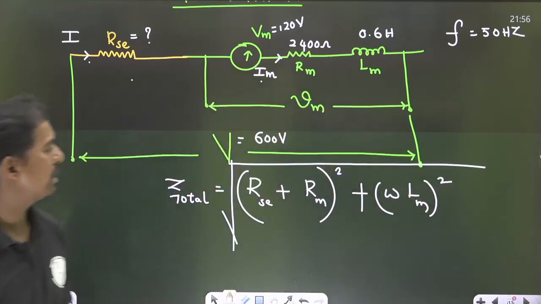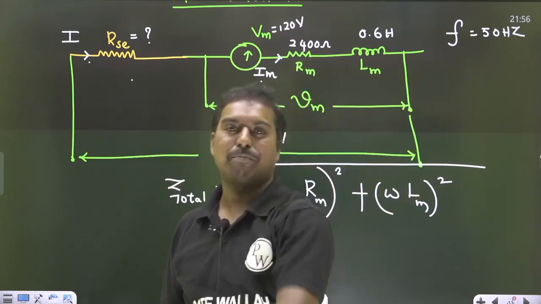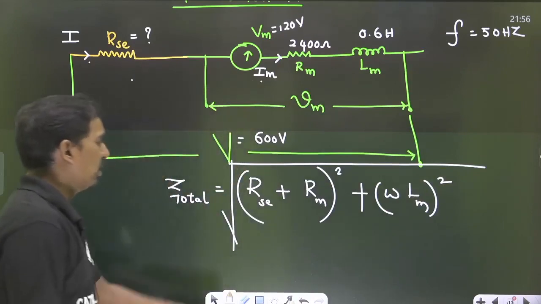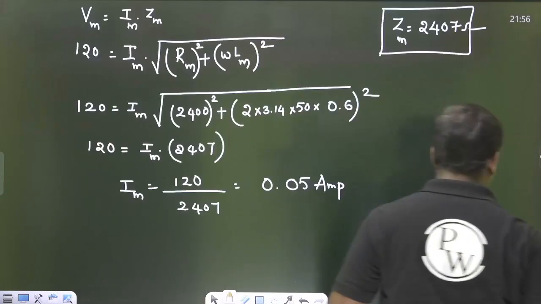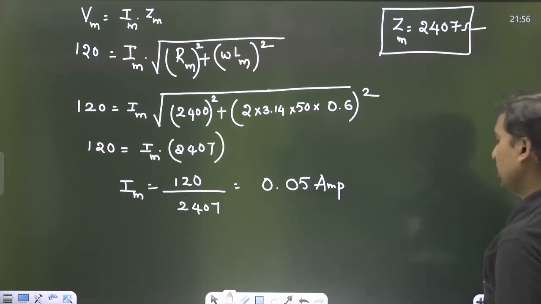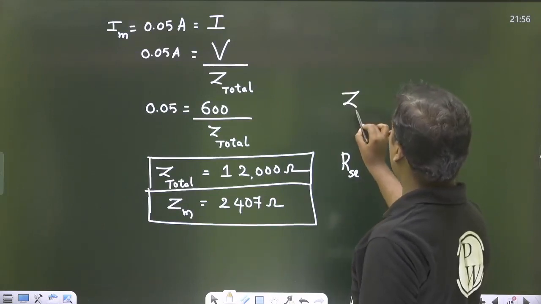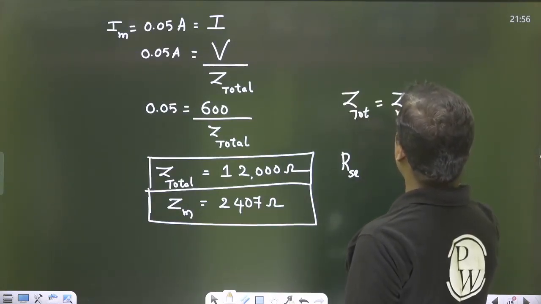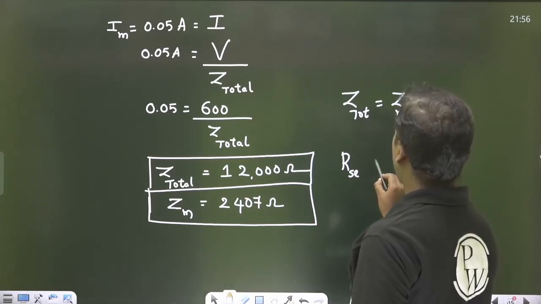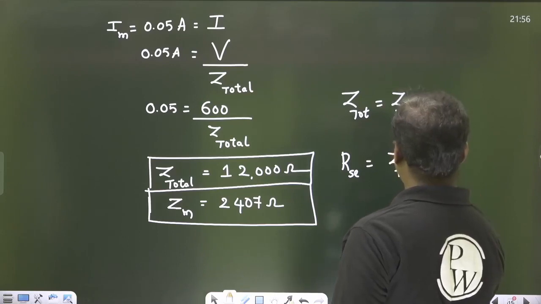Yes or not? Why? Because the total impedance is RSC plus Rm plus j omega Lm, and we take the magnitude. Got it? So now we got the answer. The magnitude of the Z total is this. So what is the RSC? Z total is equal to Zm plus RSC, so RSC is equal to Z total minus Zm.